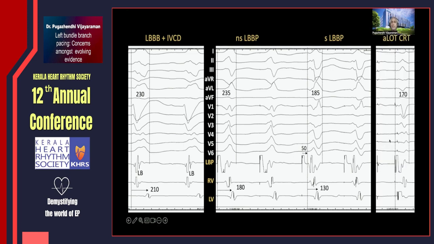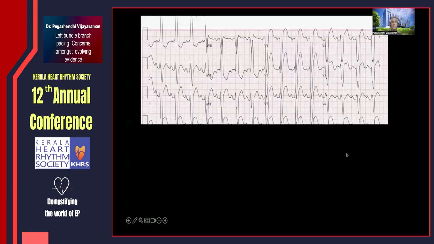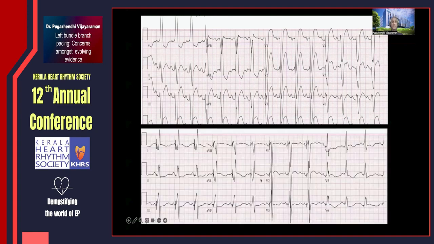And then this is adaptive AV delay adjusted LOT-CRT, left bundle plus coronary sinus pacing, which gives you the maximal QRS narrowing. And this is the patient with baseline QRS, and when you do LOT-CRT, it is significantly narrowed.